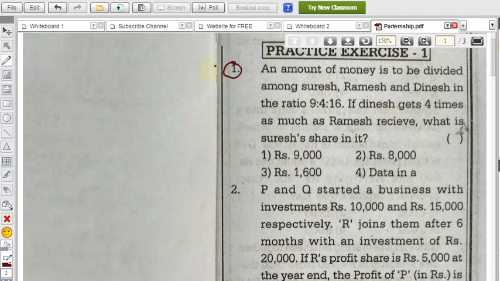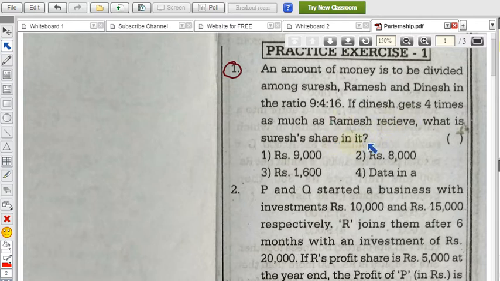First one: an amount of money is to be divided among Suresh, Ramesh, Dinesh in the ratio 9 is to 4 is to 16. If Dinesh gets 4 times as much as Ramesh receives, what is the Suresh share? So to get the Suresh share, we need at least one of the persons, how much they are getting.